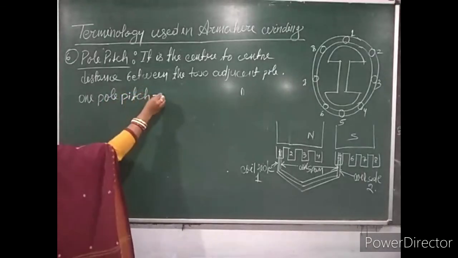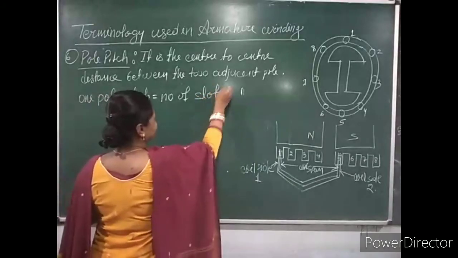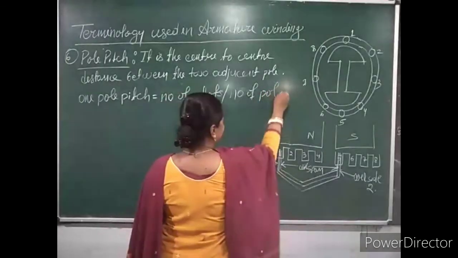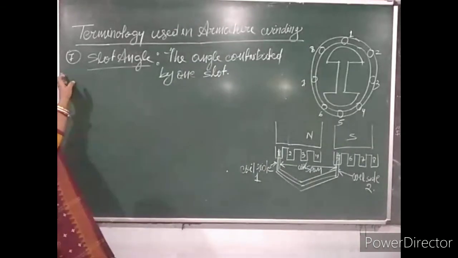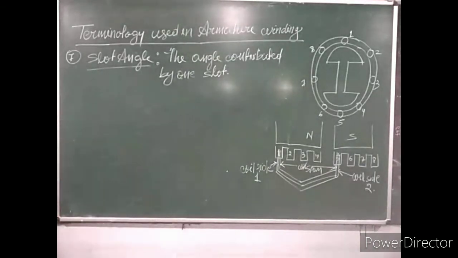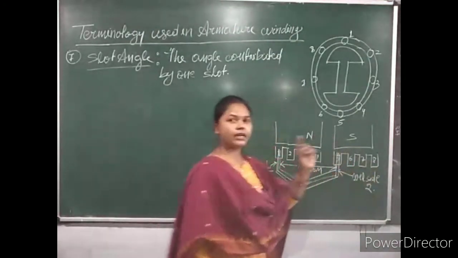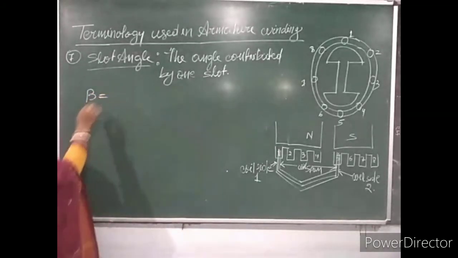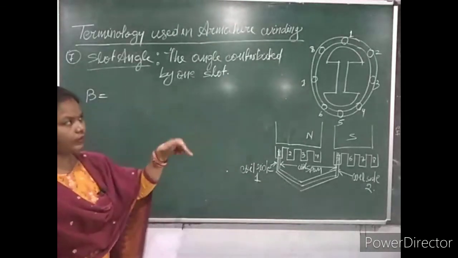One pole pitch in terms of slots is the number of slots per pole. Next we see slot angle. The seventh term is slot angle. What is slot angle? It is the angle contributed by one slot. In terms of mechanical, suppose conductor 1 takes 360 degrees to complete one revolution.